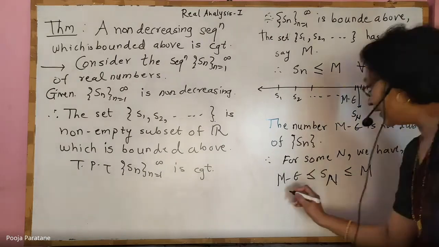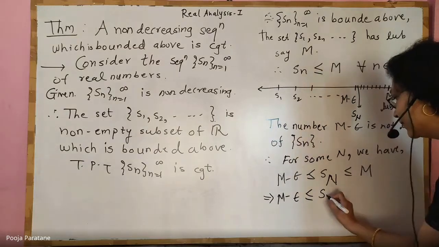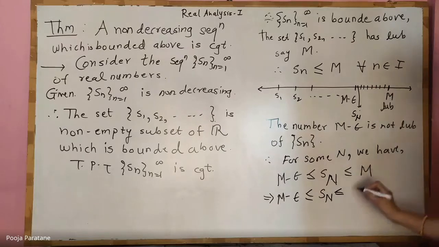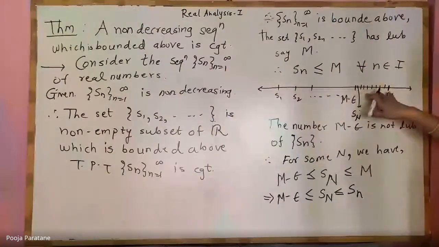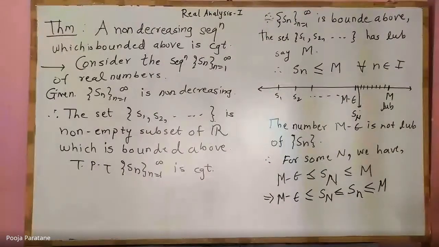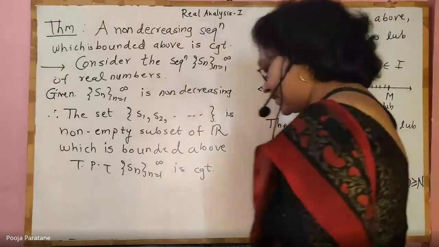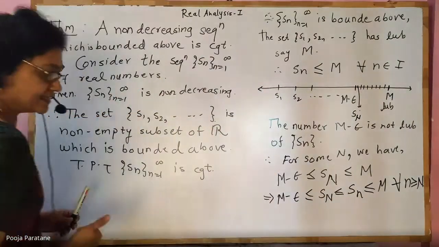So now here I will generalize this result as M minus epsilon is less than or equal to SN, and this is the first term. So Sn is less than or equal to the terms of Sn, because there are some terms between these two numbers which are less than M. So I want to say here that there exist some terms of the sequence which lie between these two numbers. If I omit this SN, then what result will I get?